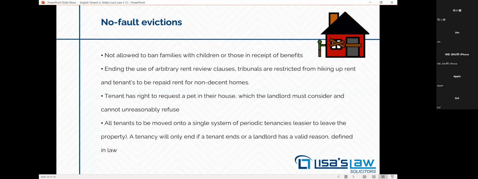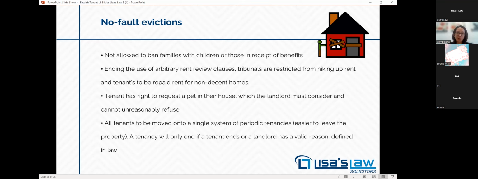They will be ending the use of arbitrary rent review clauses. Tribunals are restricted from hiking up rents, and tenants to repay rent for non-decent homes. I think the last one would be quite important because, especially in London, many parts of the property that's being rented, we have seen clients complaining where the boiler is not working, mold, damp issue, everything is on, the house is falling apart.